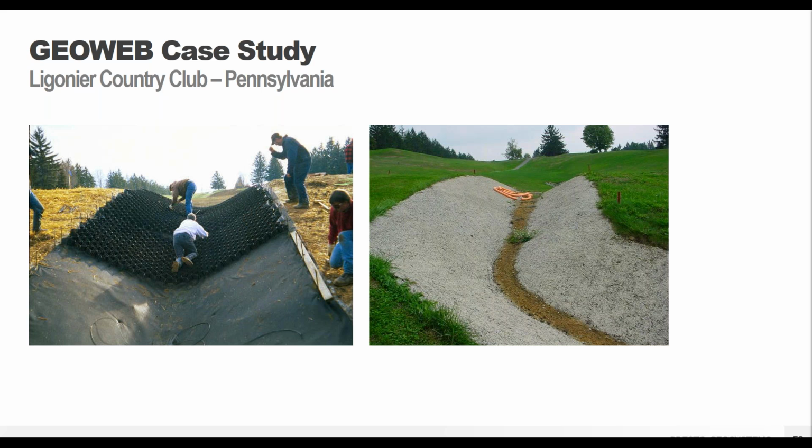And so one of the things I'd mentioned earlier was that you don't need internal reinforcement for the GeoWeb system. You also don't need formwork for the concrete. The GeoWeb system is its own form and its own reinforcement. So you can really just lay the GeoWeb panels out how they're needed in whatever shape you need.